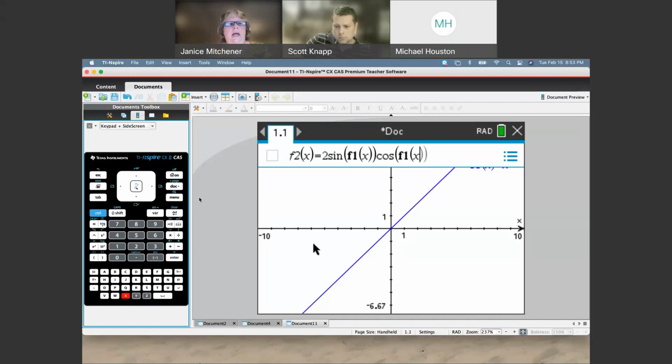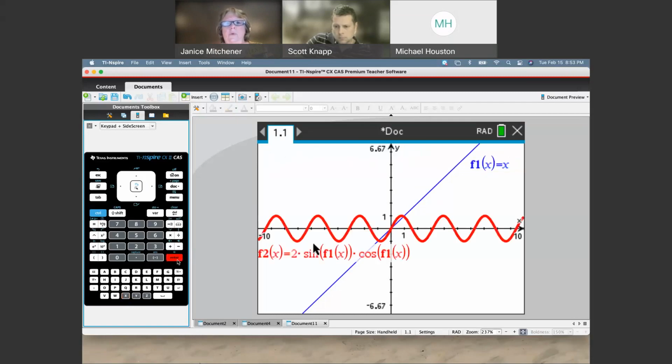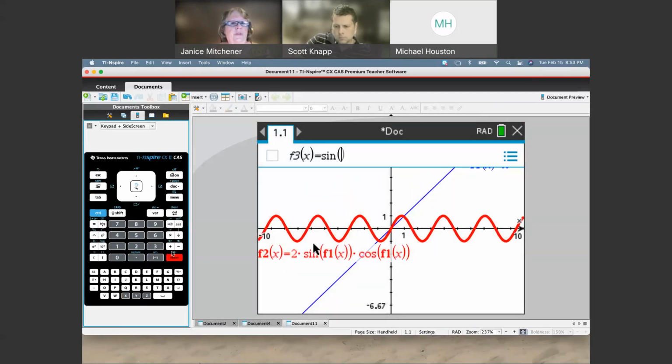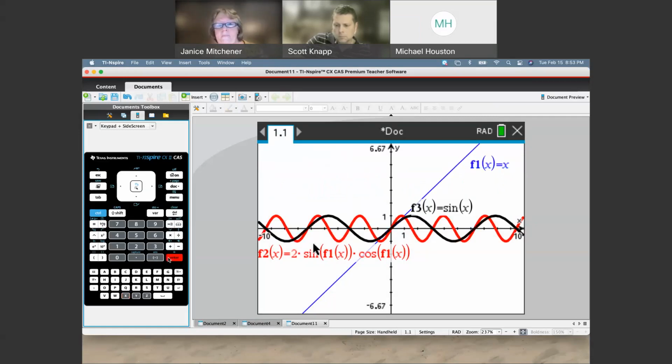Now, I told my students that on this particular equation, I want my goal equation to be sine of x. And I might have glossed over that on my PowerPoint. But I told them what I wanted the goal equation to be. And our goal equation, I'm going to have to go back to tab, is sine of x. What can you do with those first 2 equations that I gave you so that the result is going to be my F3? Okay, now I'll be very honest with you.